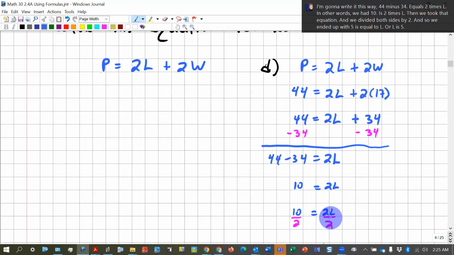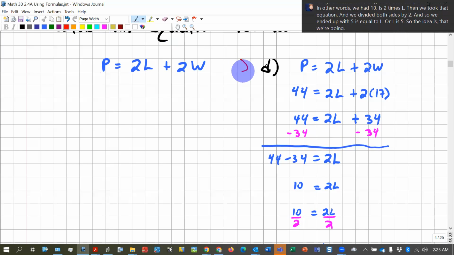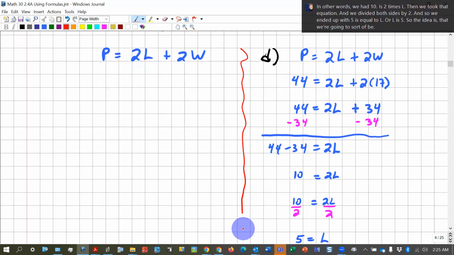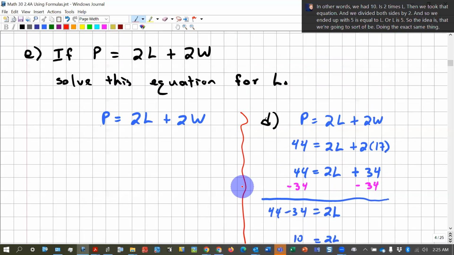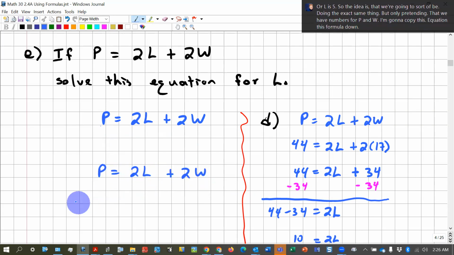So the idea is that we're going to be doing the exact same thing, but only pretending that we have numbers for P and W. I'm going to copy this equation, this formula down so that it mirrors the previous problem.